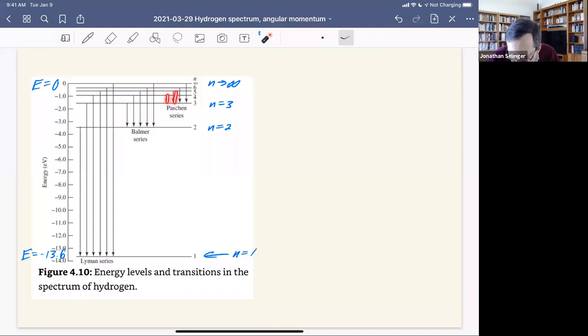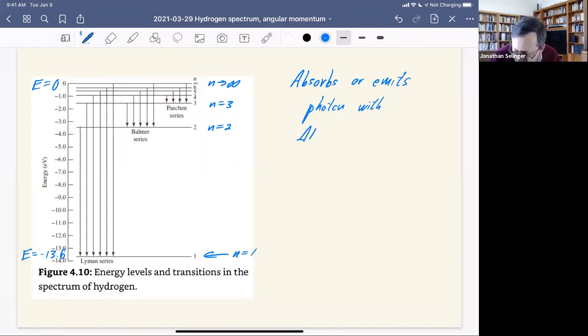And then even smaller set of jumps there where it goes from something to 3. And so in each of these cases, the point is that the atom absorbs or emits a photon with the appropriate difference of energies, right? Delta E. That's the E initial minus E final.